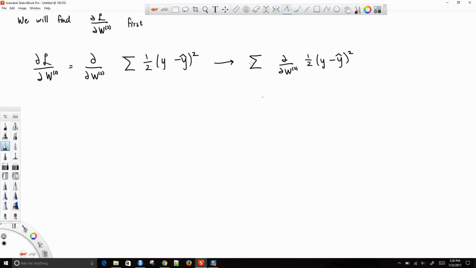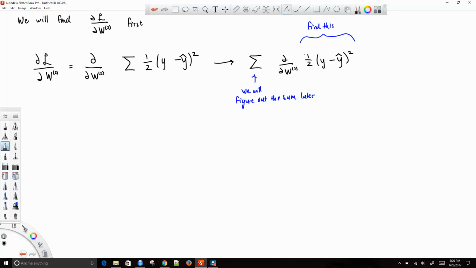Then we can figure out the sum later. We'll find this first, so when we take the derivative of this, we'll bring the 2 down.